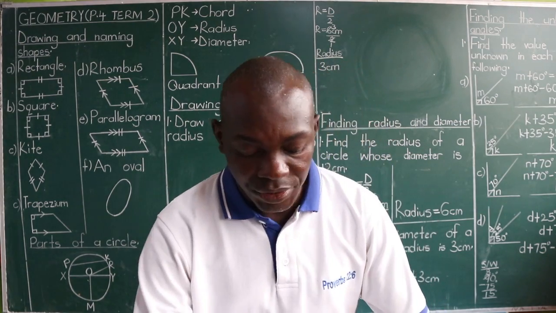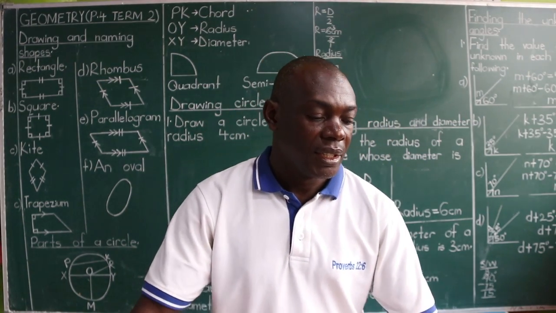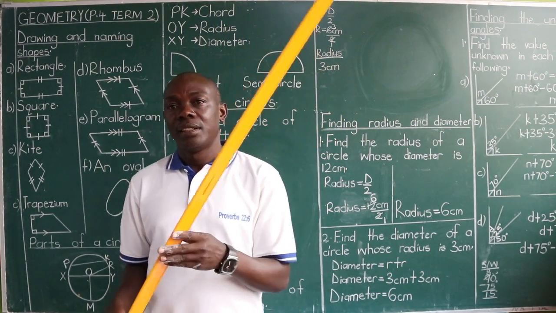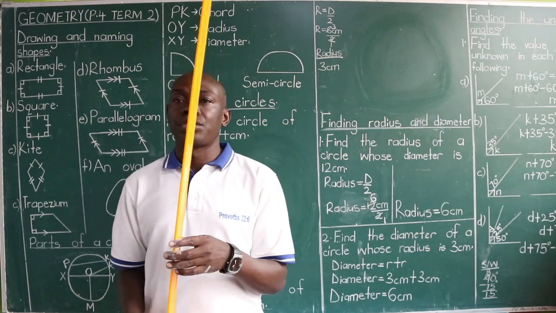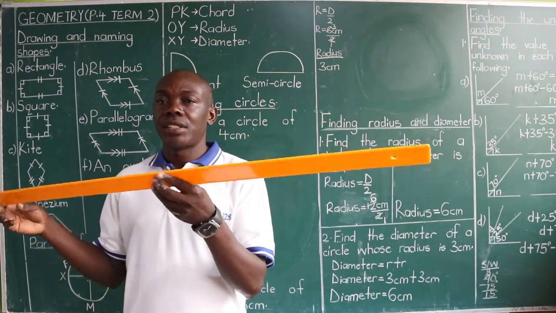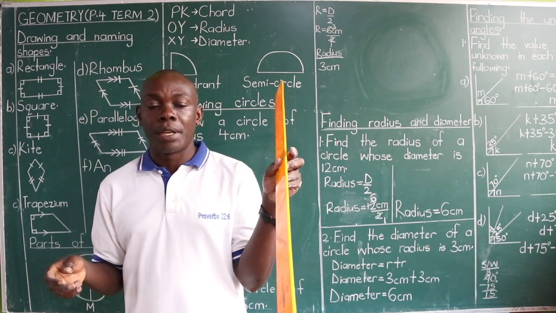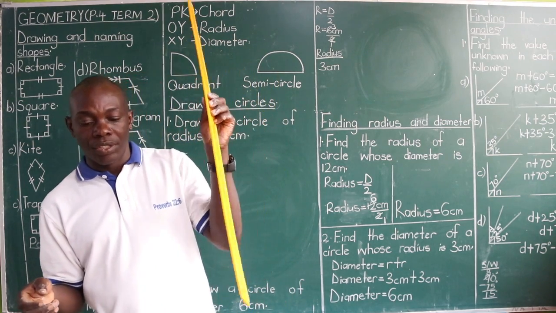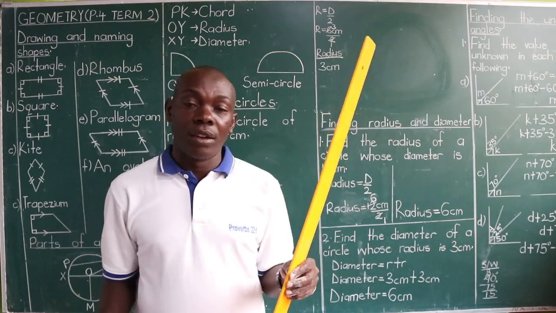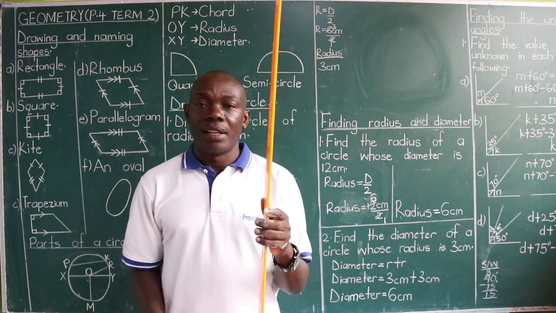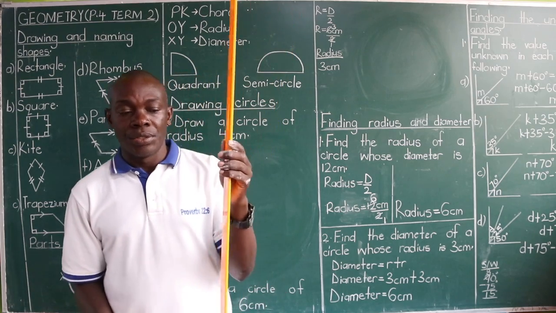And now you will see the teacher using such instruments here, and then you will wonder. Don't go to the shop and buy such a ruler for you to use during examinations or in your books. Don't. We use the other ones that are bought within a geometry set.